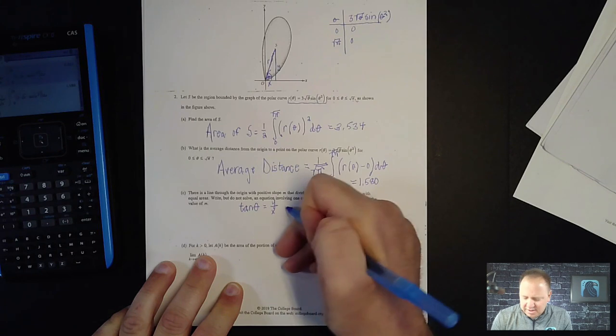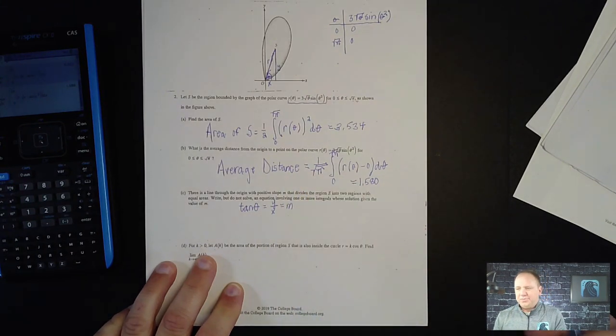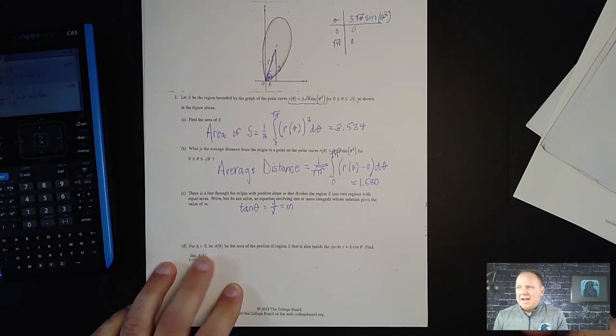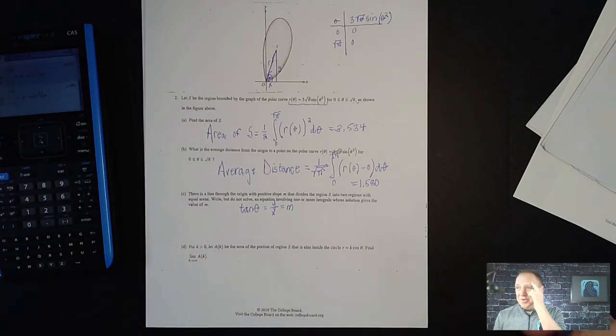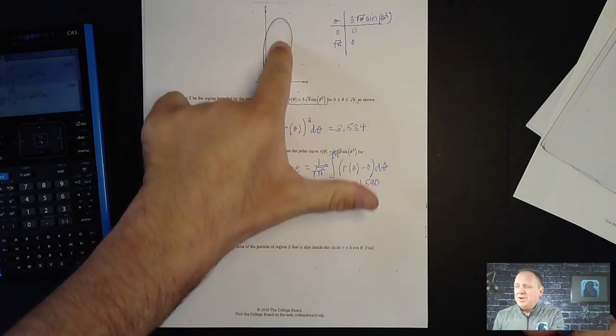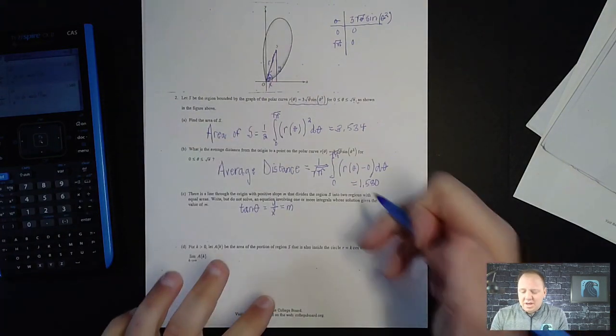So that would be my slope. And again, you had to start thinking, how in the world do I get this back to rectangular, where I have a change in y over my change in x? I would have gone up in here and drawn the situation.